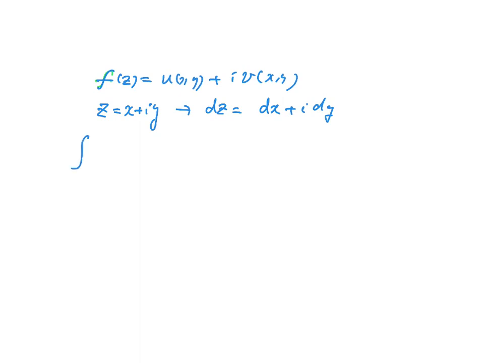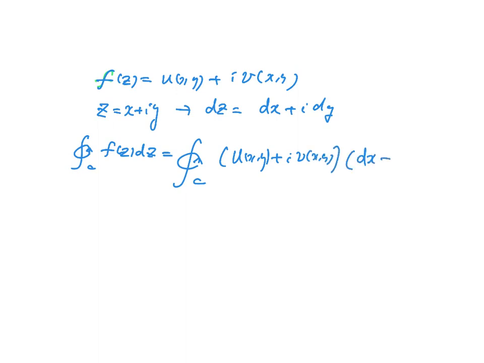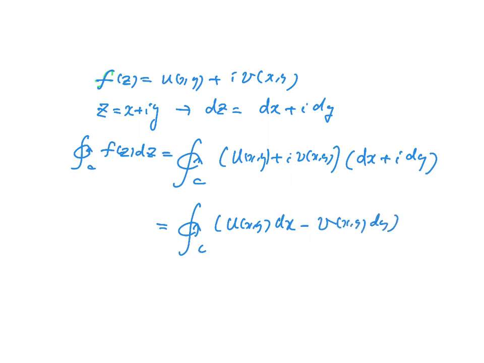So f(z) dz is something like this: (u(x,y) + i v(x,y))(dx + i dy), which is u dx minus v dy, plus i times (v dx plus u dy).